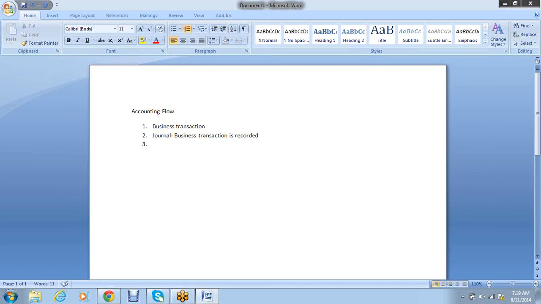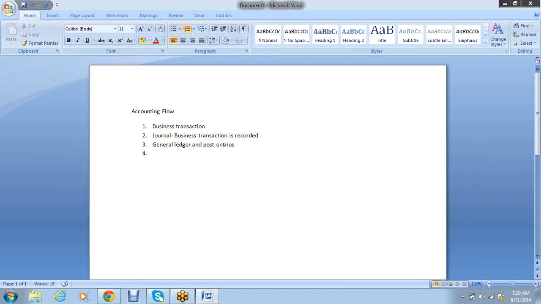After the business transaction is recorded, next you create the general ledger and post to the respective accounts. Based on the journal entries and the GL accounts we have used, we create a general ledger, and in the general ledger we post the entries.